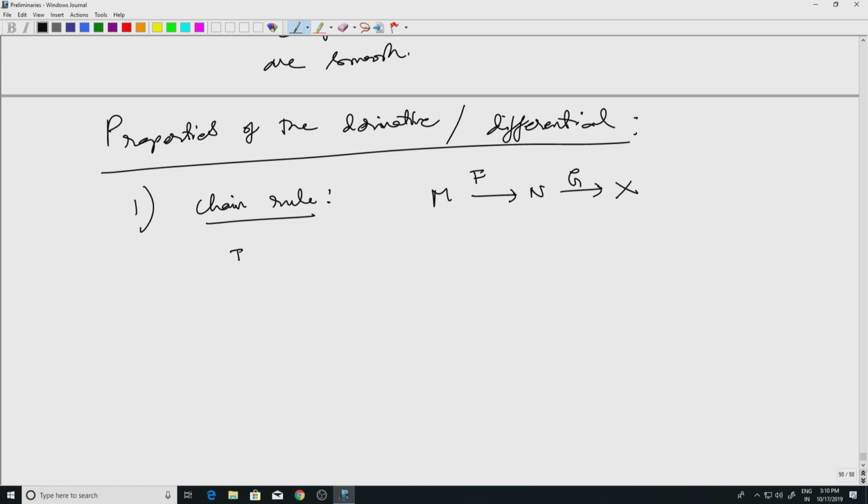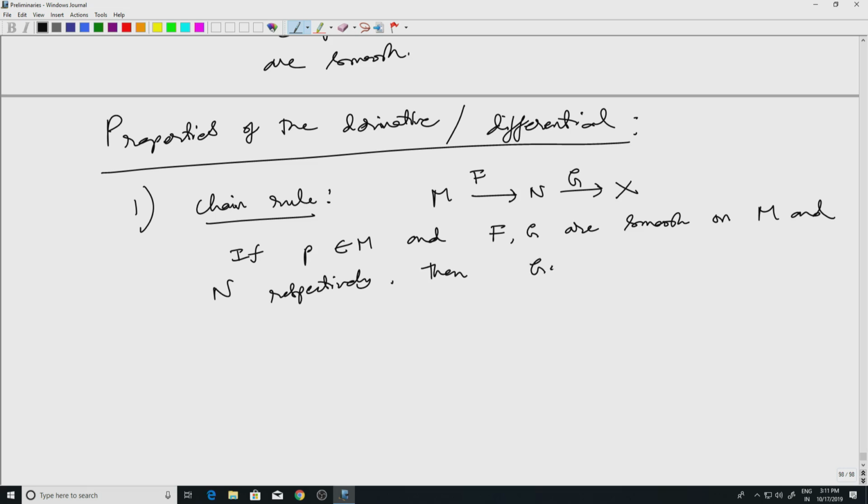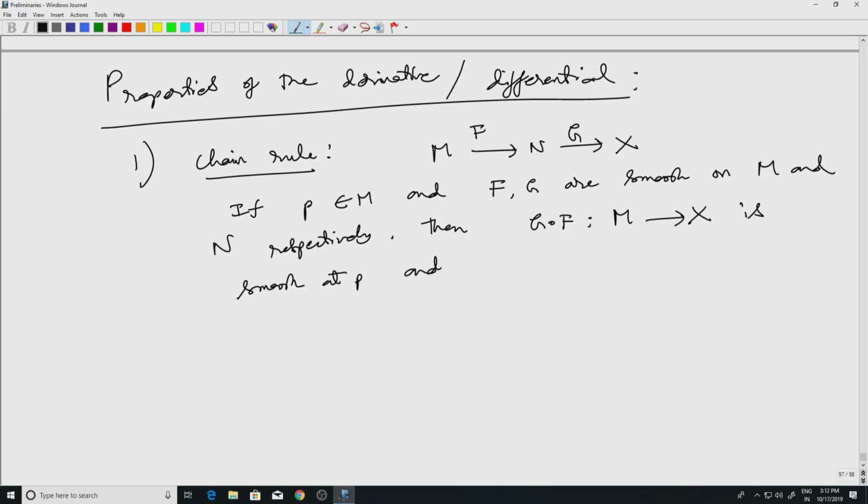So if P belongs to M and F, G are smooth on M and N respectively, then G composed with F from M to X is smooth at P. Once we know this map is smooth, I can talk about its derivative.